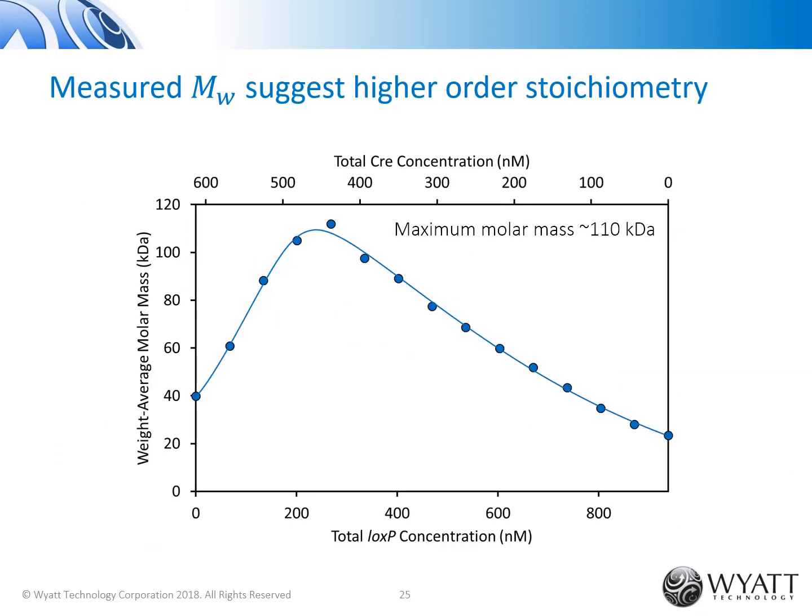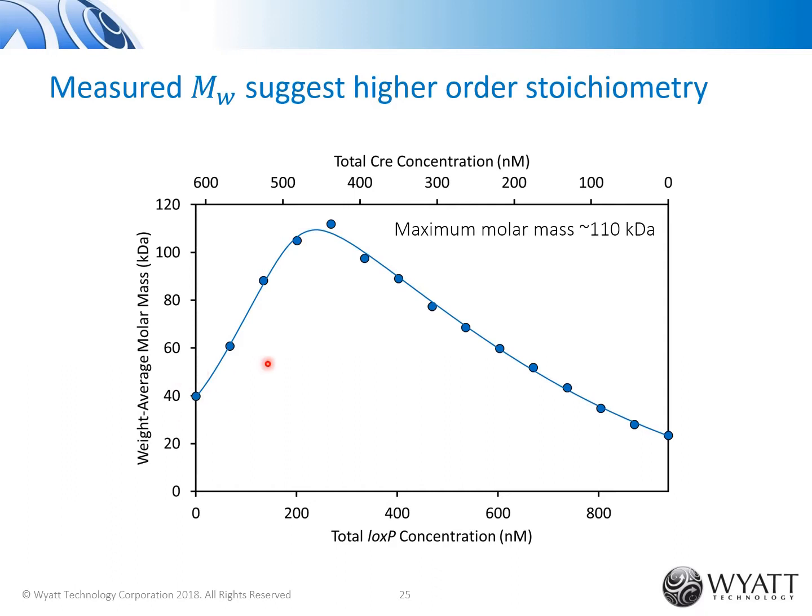So now we'll take a look at the equilibrium molar mass for each of the plateaus that we created in the previous slide. Each data point on this graph represents the weight average molar mass at equilibrium for those different compositions. On this left axis, we have the molar mass of the pure Cre at around 40 kilodaltons.